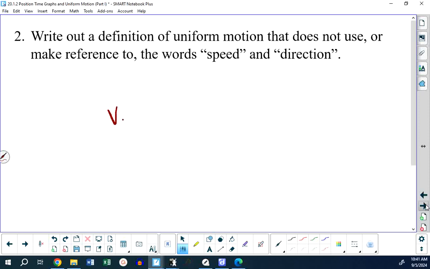Let's write this down first. Constant velocity. Because velocity includes how fast and in what direction. So if the velocity is constant, the speed's not changing and the direction is not changing, and that's uniform motion.